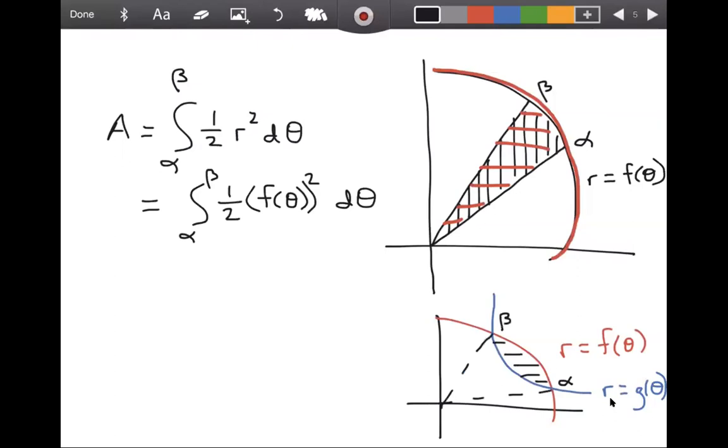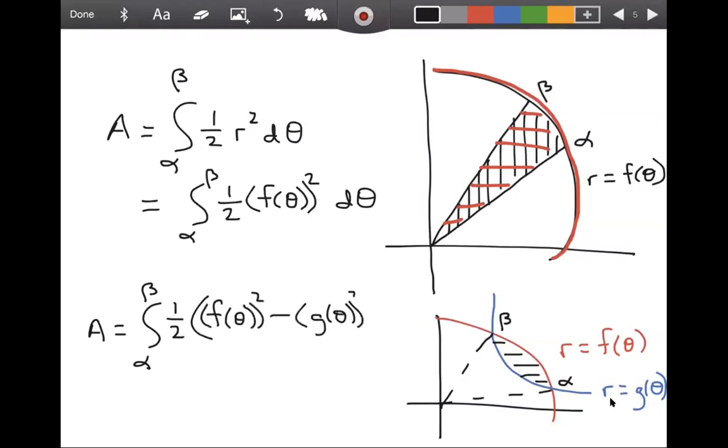All right, then the area of that curve would be given by the integral from alpha to beta 1/2. You do the outside curve squared. How many parentheses do I need here? Minus the inside curve squared. Okay.